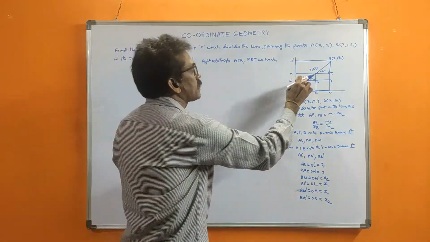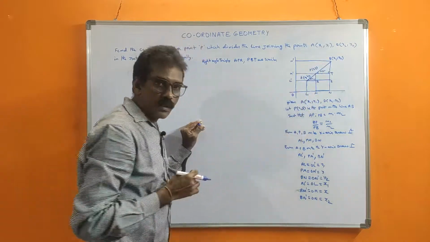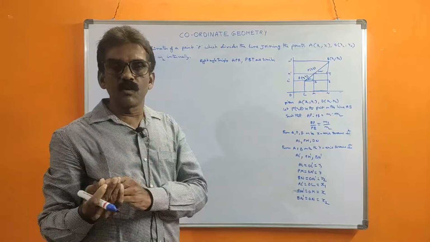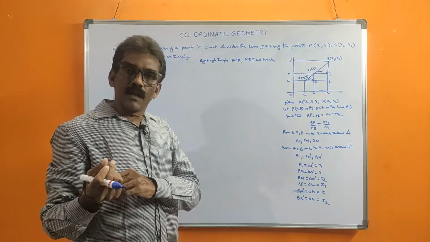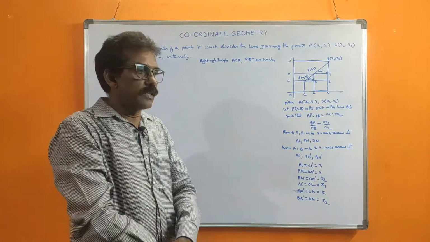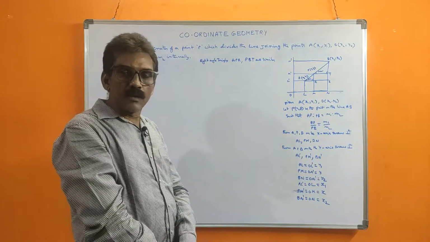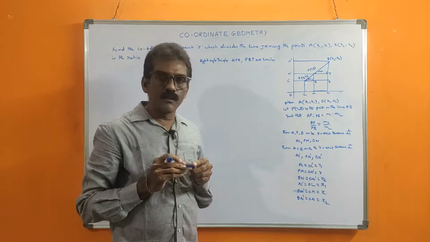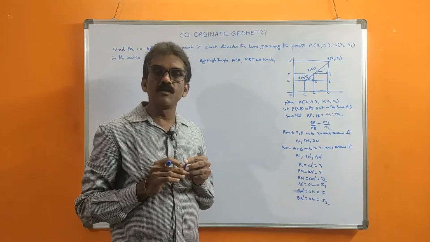So because two angles are equal, automatically the third angle is also equal. If three angles of a triangle are equal to another triangle's angles, then those two triangles are similar. That means if two triangles have the same angles, then they are similar triangles.